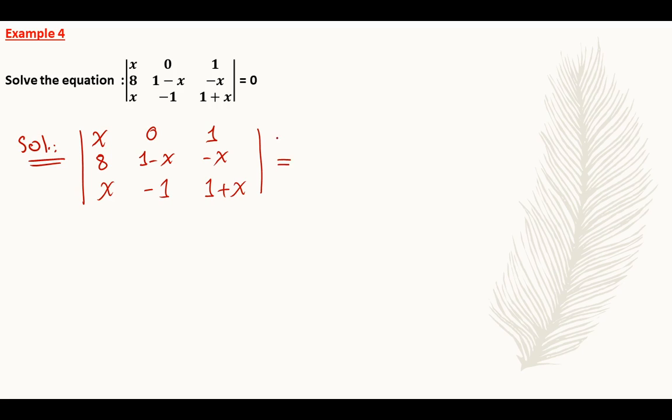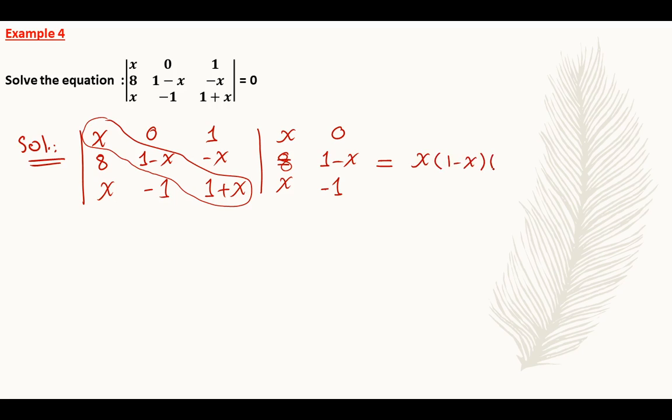here we are going to write the elements of the first two columns, x, 8 and 0, 1 minus x and 1, 1 minus x. Okay, so first we are going to multiply the elements of the first diagonal, so it will be equal to x times 1 minus x times 1 plus x.